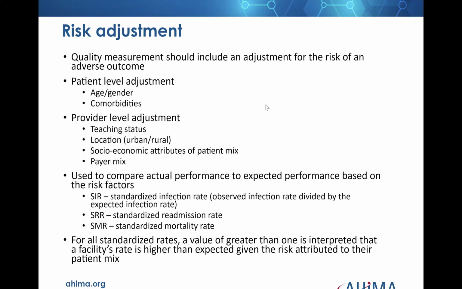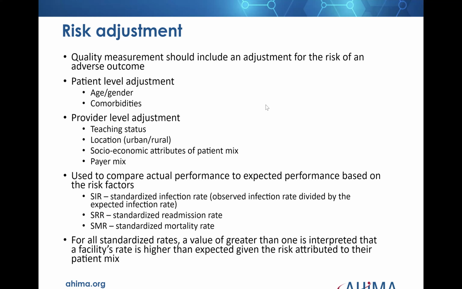There are other things: the gender, the age, comorbidities, who has insurance, social determinants of health. And on the provider level, is the hospital a teaching hospital with interns, residents, and fellows? Is the location urban or rural?